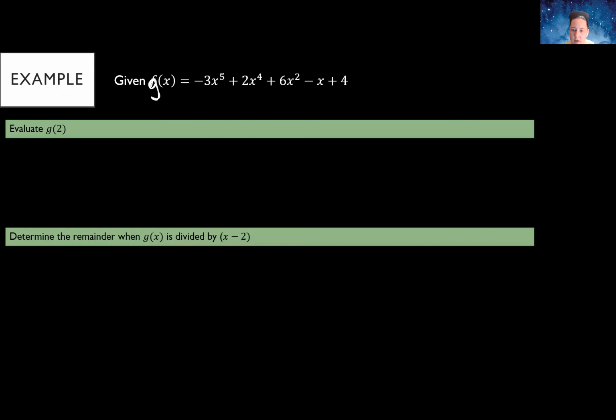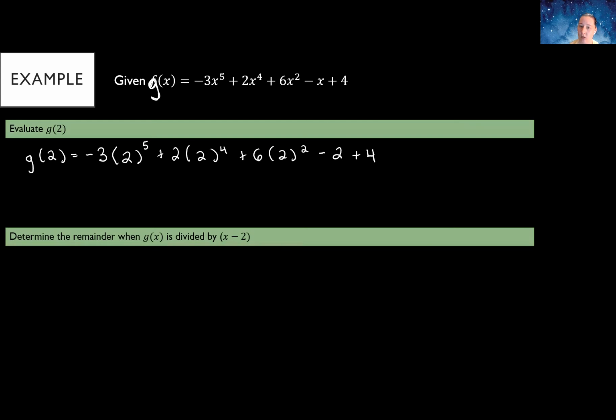So evaluate g of 2. Generally when it says to evaluate g of 2, you are plugging 2 in for x. So we have negative 3, and then instead of x to the 5th, it's 2 to the 5th, plus 2 times 2 to the 4th plus 6 times 2 squared minus 2 plus 4.